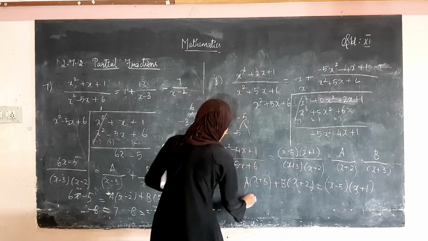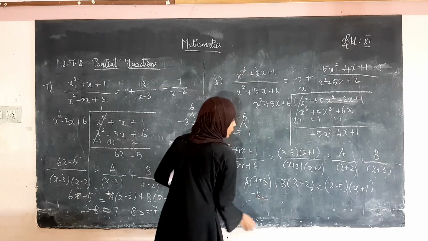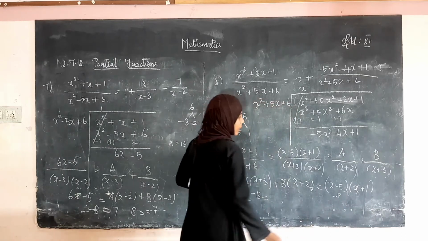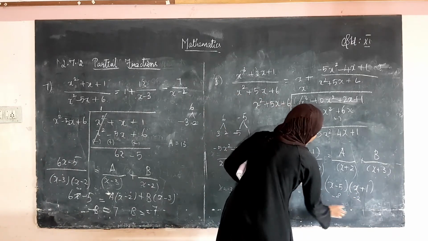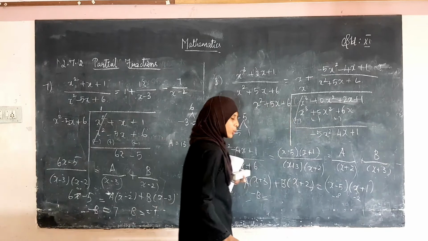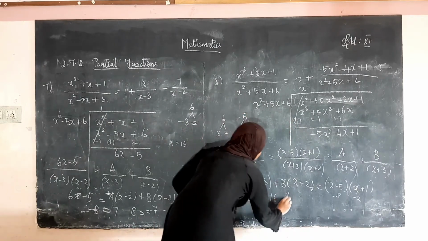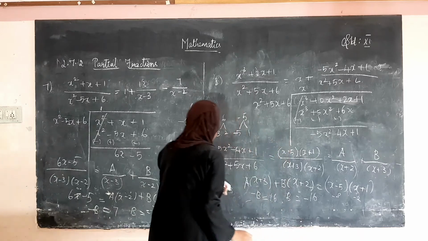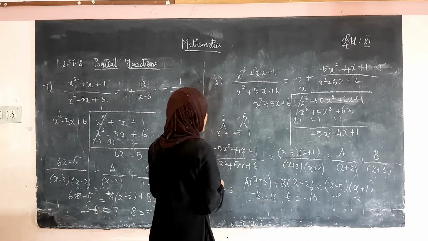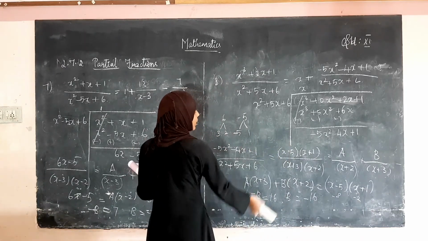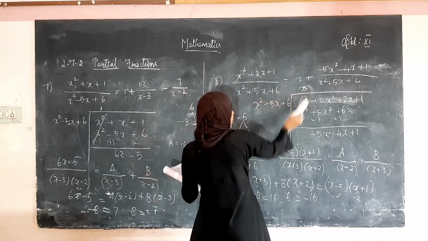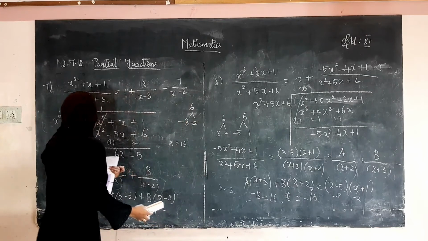Minus 3 means minus b is equal to minus 3, here it is minus 8 and minus 3, here it is minus 2. Minus into minus is plus. 8 into 2 is 16. Therefore the value of b is equal to minus 16. Okay. Likewise you have to find the value of a and you have to substitute in the given partial fractions here. Okay. Now the 9th sum.